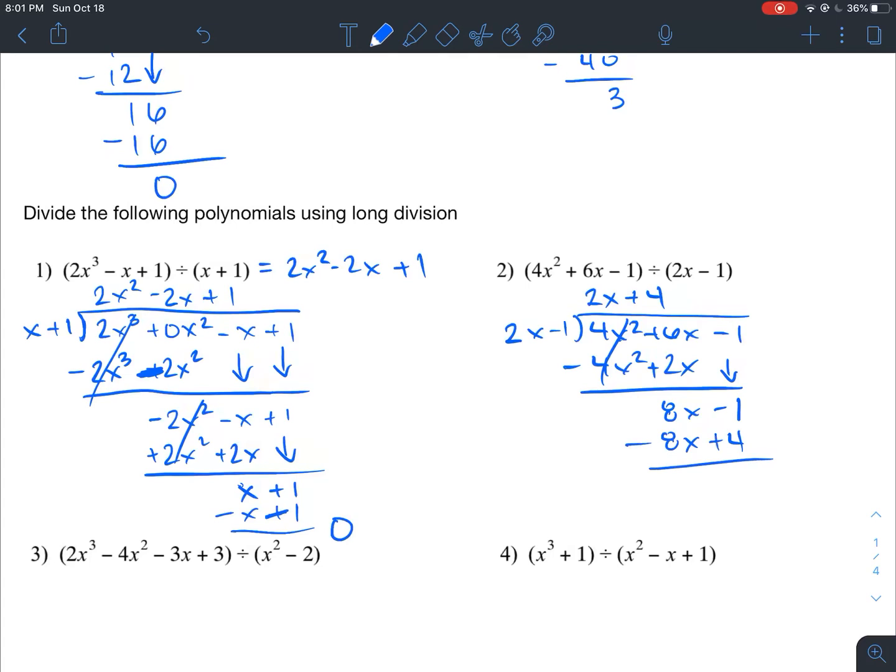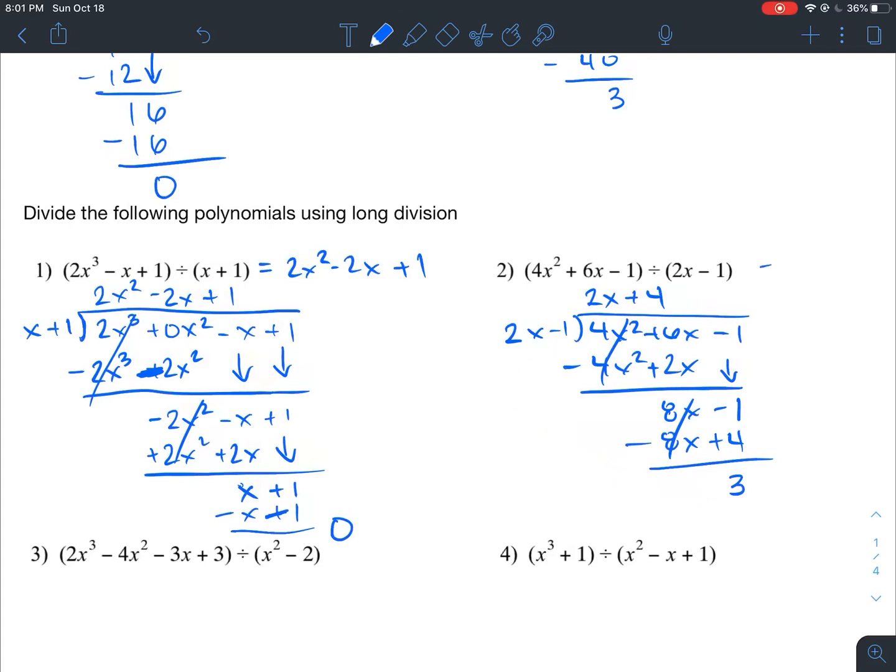Subtract them, so change the signs. That's 0. 4 minus negative 1 would be positive 3. Now we can't continue, right? Because there's no number that multiplies by 2x to give you 3. So that would just be our remainder.